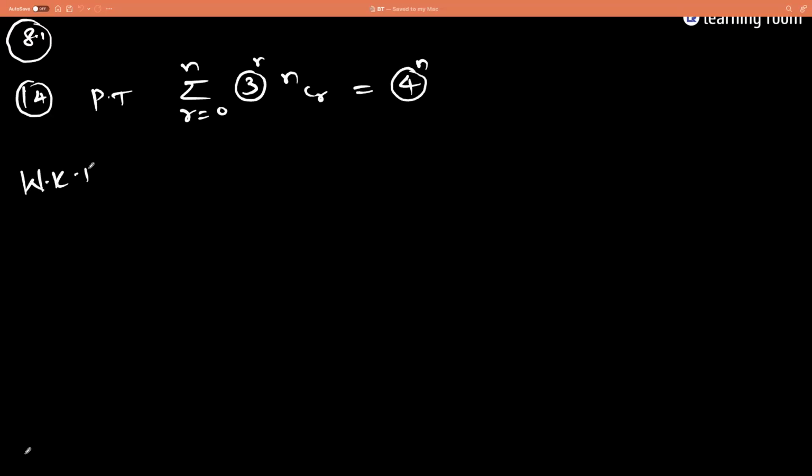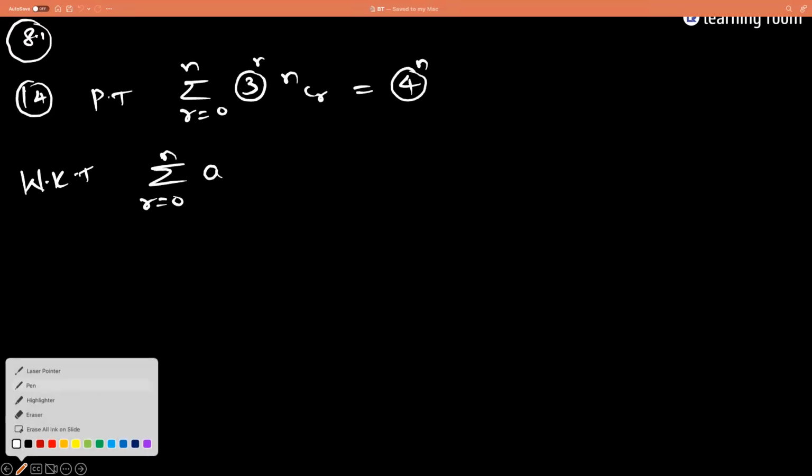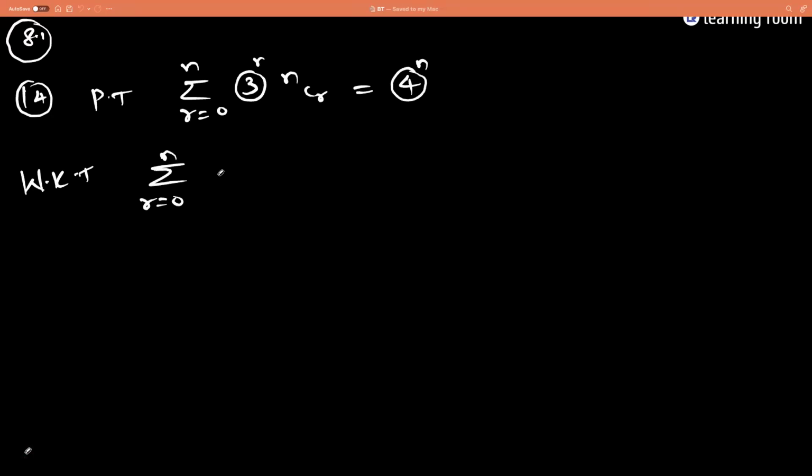We know that sigma r equals 0 to n of nCr into a power n minus r into b power r is actually what? Is it not (a plus b) the whole power n? Correct? Yes, sir. So if I compare these two expressions, what is the value of a I'm having?